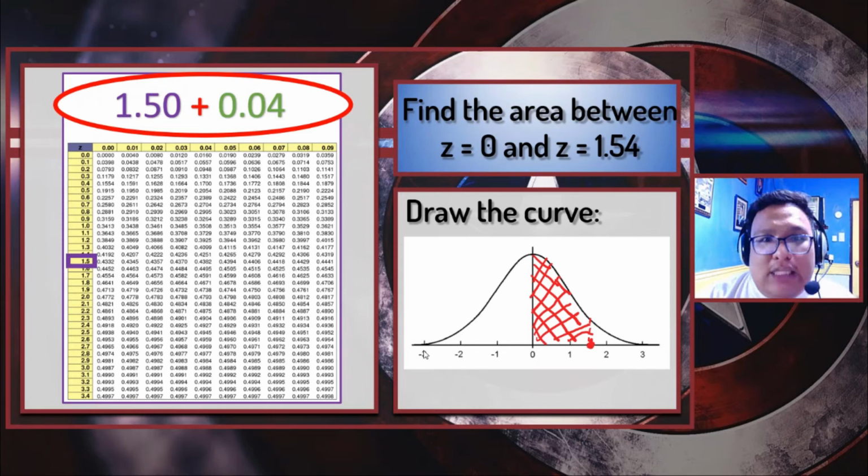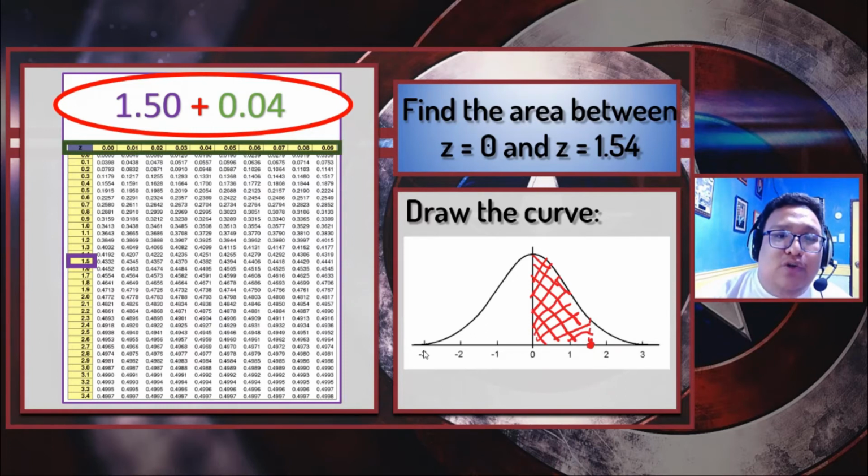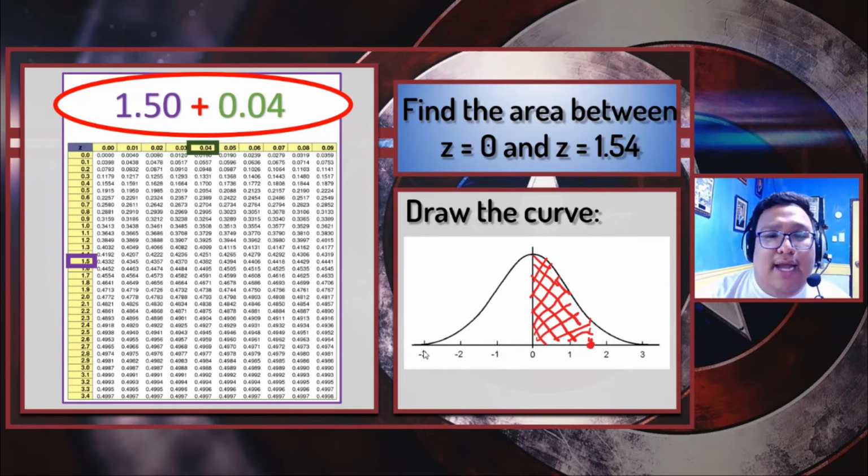So, keep muna natin si 1.5. Hayaan nyo muna siya dyan. Now, we will look for 0.04. Nasaan si 0.04? Nandoon po siya sa may linyahan ng mga columns, no? The column headers. So, hanapin natin si 0.04. Ayan. Pag nahanap nyo na yung dalawang values na yan, you are going to look for the intersection of these two particular numbers.